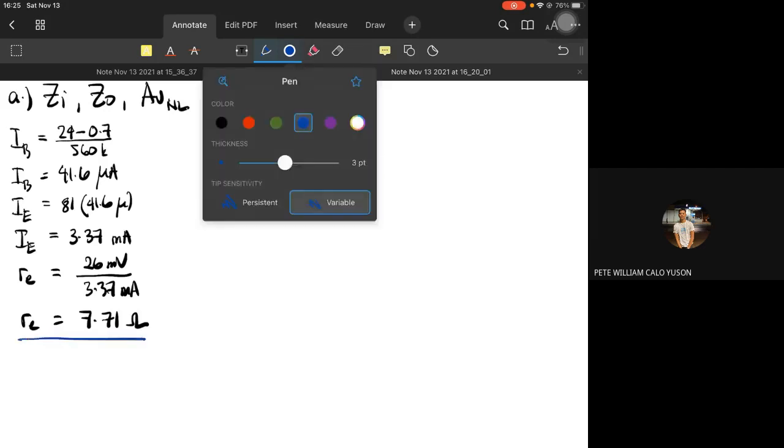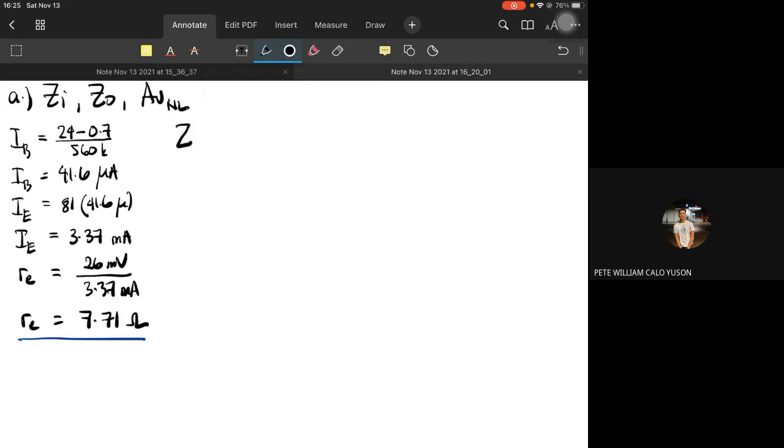So ZI. Input impedance from our table is equal to RB parallel beta RE.